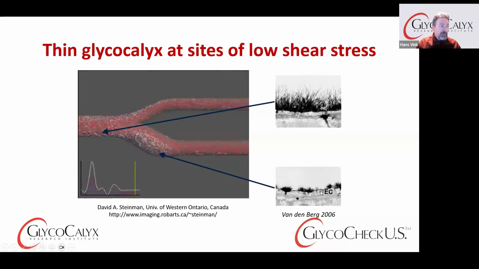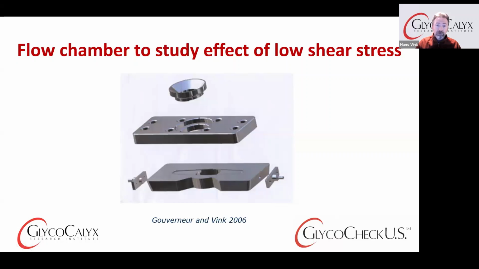And we now know that's because of the lack of shear forces, because we can simulate those sites near branching points by culturing endothelial cells in a flow chamber. Now, with the chamber closed, we can look through the opening at how glycocalyx is doing, and we can control blood flow at different flow levels, so normal flow levels or medium or very low flow levels, like at these complex flow pattern sites.